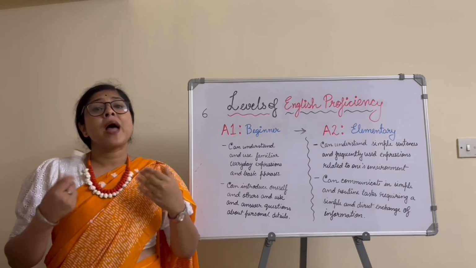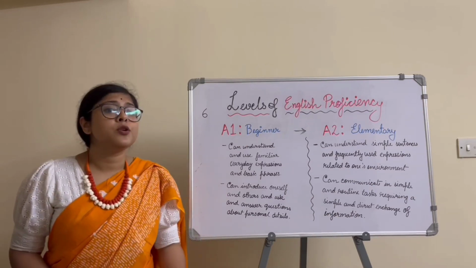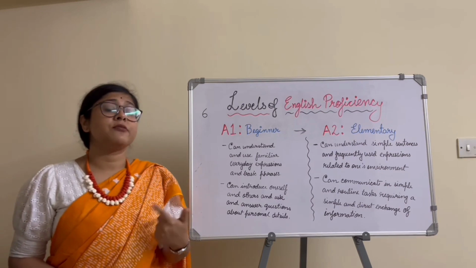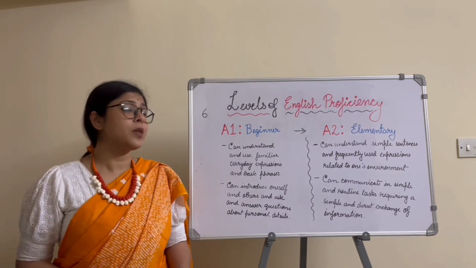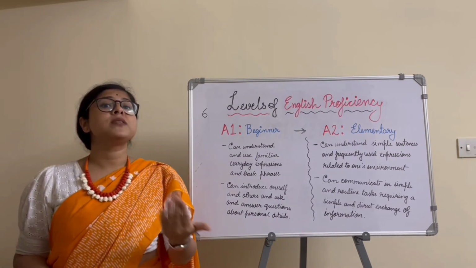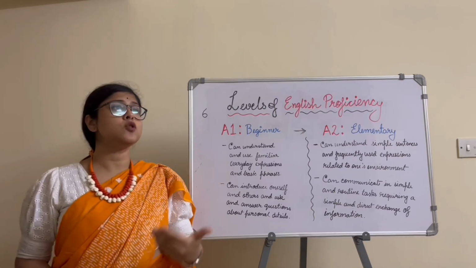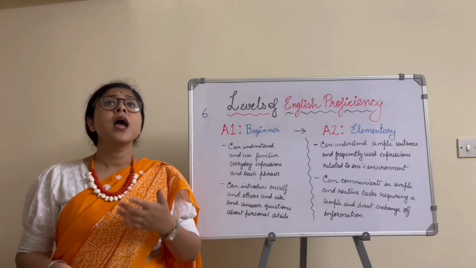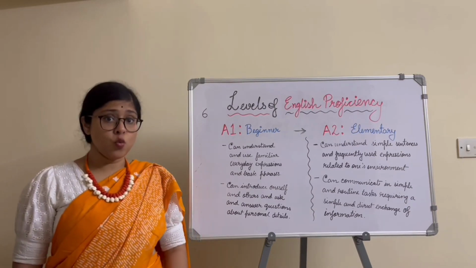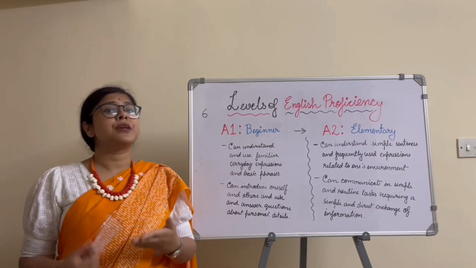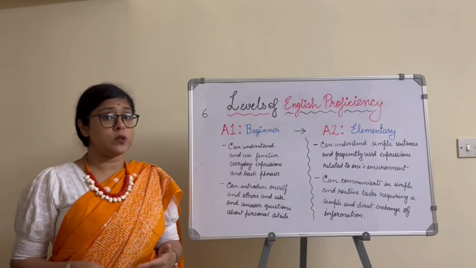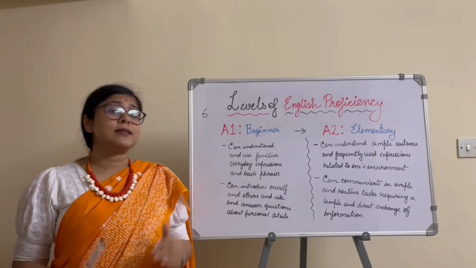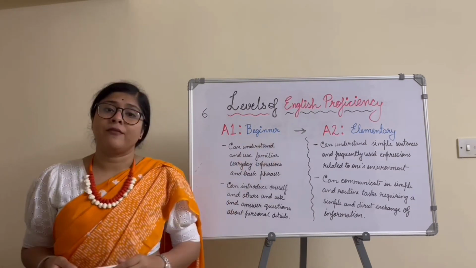That student may not be able to understand the words and phrases that are being used there. Similarly, if an office worker suddenly goes to a school for any kind of work, they may not be able to understand the words or phrases that are being frequently used there. So that is the drawback of the elementary level.